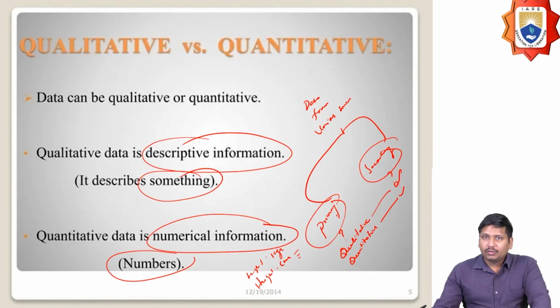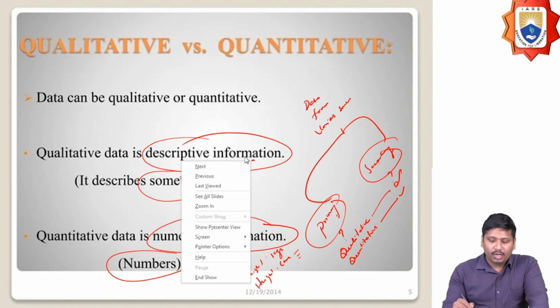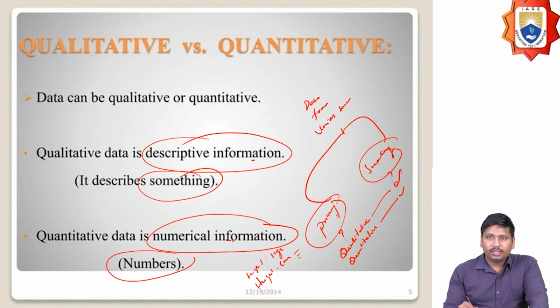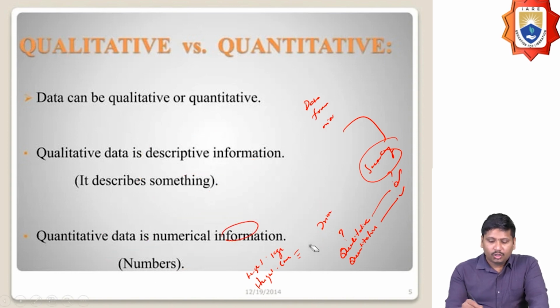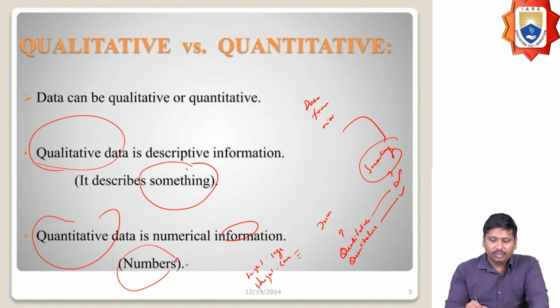Again, taking qualitative and quantitative, the descriptive one is qualitative, and the numerical one is treated as quantitative. The qualitative describes something, whereas the quantitative describes the numbers.